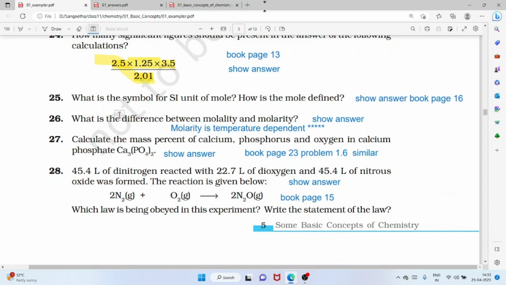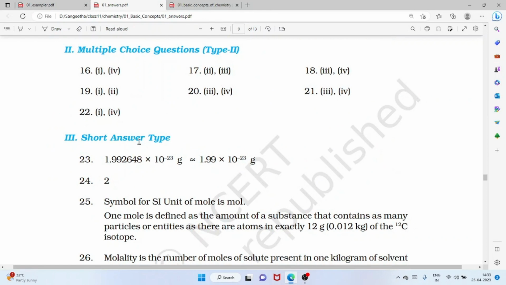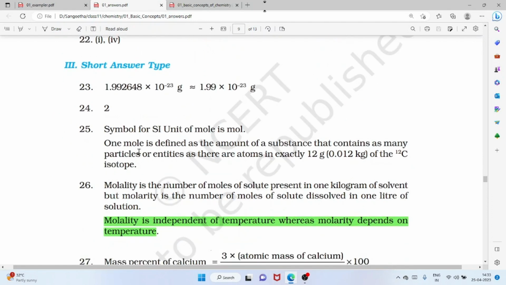What is the symbol of the SI unit of the mole, how is the mole defined? Mole is mole only. 1 mole is defined as the amount of the substance that contains as many particles or entities as there are atoms in exactly 12 grams of the carbon-12 isotope.